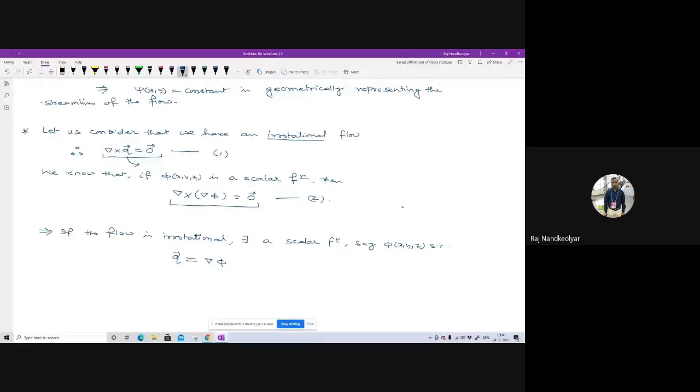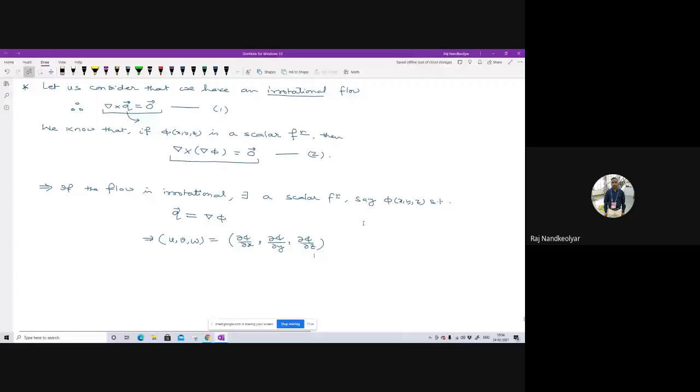So from here you can say that (u, v, w) is equal to gradient of phi, which is nothing but (del phi del x, del phi del y, del phi del z). If you compare the components, you will find u equals del phi by del x, v equals del phi by del y, and w equals del phi by del z.